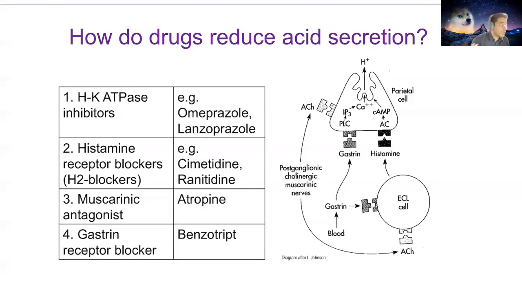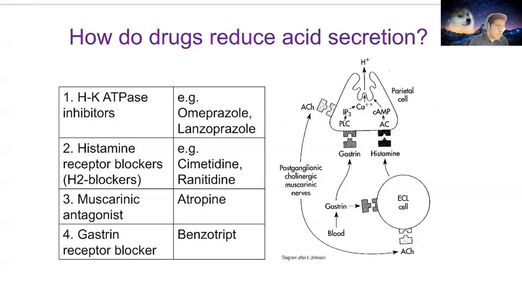Now, what happens with histamine? This is the reason why they tell you not to be too stressed out. Histamine actually aggravates this pathway. Histamine is an upregulator via cyclic AMP. I covered this with you guys last time, and you can give them cimetidine, ranitidine, which are all drugs that us T4s covered very recently and are quite traumatized by. You can also give them muscarinic antagonists such as atropine. I told you guys, remember parasympathetic, rest and digest.